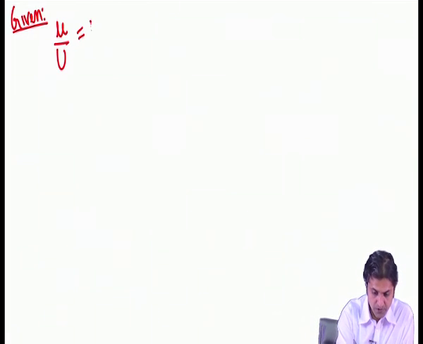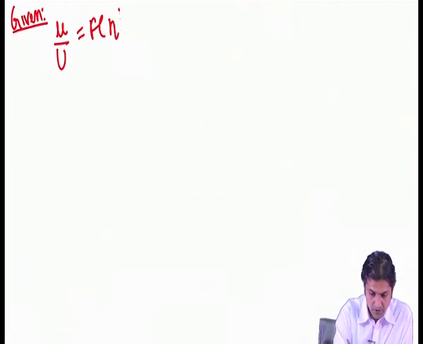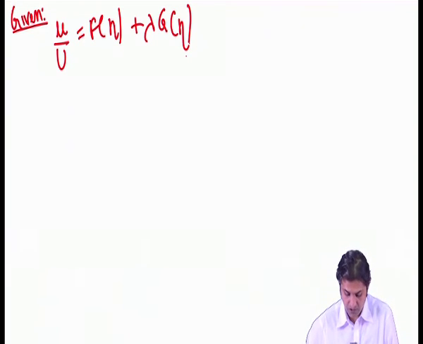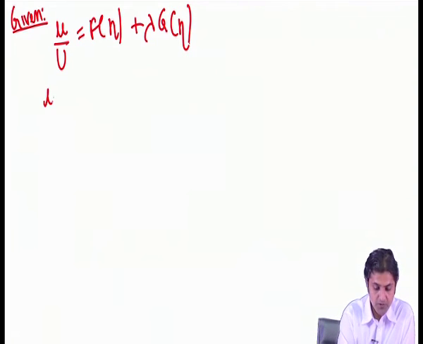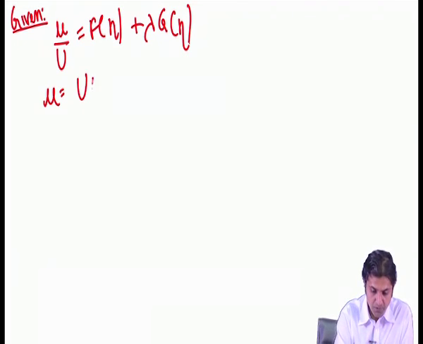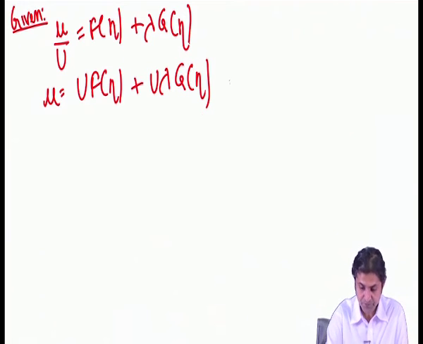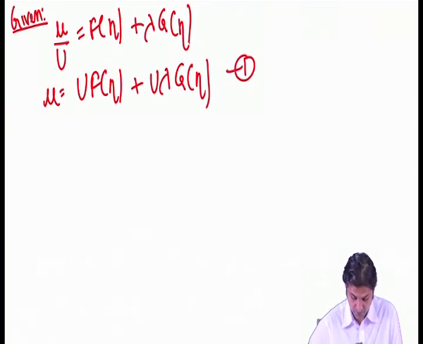So what is given to us? u/U is equal to f(η) plus λ g(η), where f(η) and g(η) are given. So from the profile, u can be written as U f(η) plus Uλ g(η). This is equation number 1.